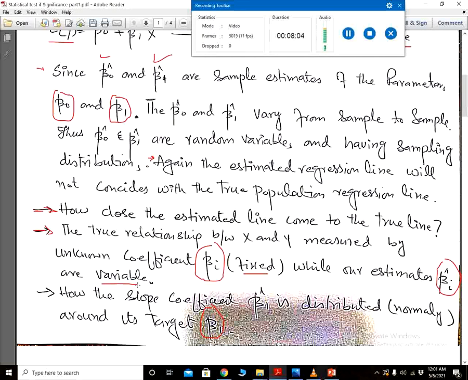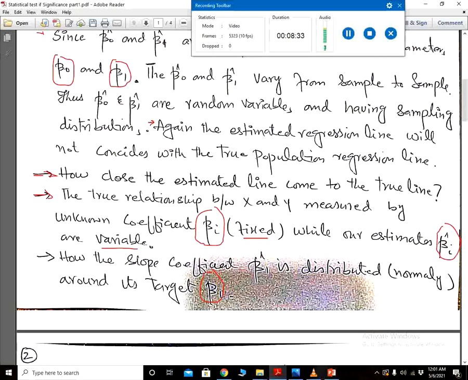Then there is a chance of error. There is a big chance of error that beta naught hat and beta 1 hat will not coincide with the beta i's of the population parameter, and the estimated regression line may fall away from the true regression line.